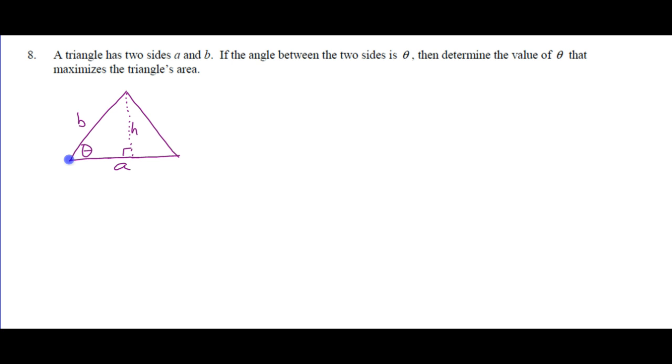So, first of all, what's the domain for theta? Between 0 and, well, really pi, right? I mean, you can lay it out almost flat, but you can't quite be at 0 or at pi.